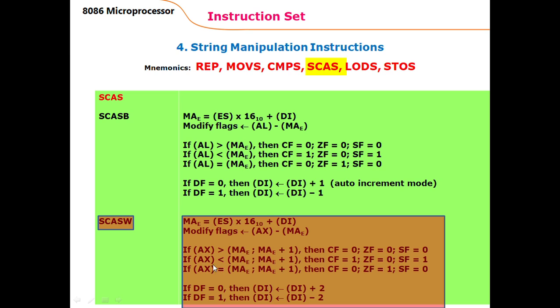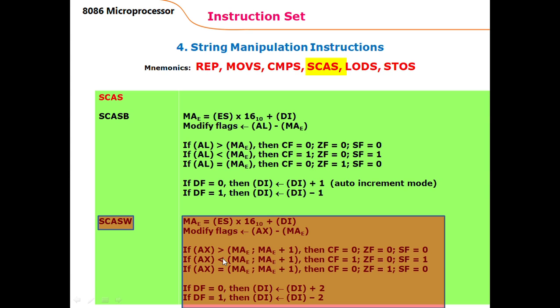So if the value in AX is greater than the 16-bit value at MAE and MAE plus 1, then no borrow is needed, so the carry flag is 0. The result is not 0, so the zero flag is 0, and the sign flag is 0.